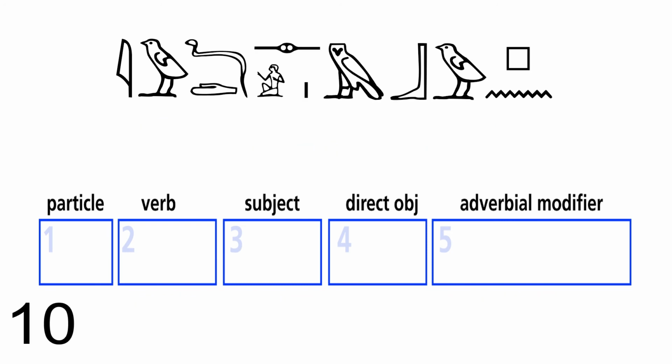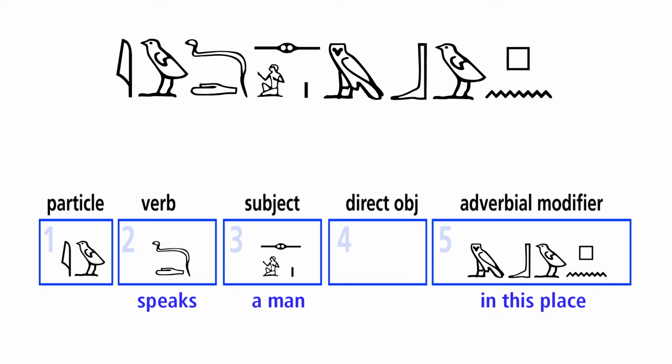Finally, sentence 7. Dd s m bw pn. Another verbal sentence. Particle in slot 1. The verb dd, to speak, in slot 2. Slot 3 contains the noun s, meaning man.